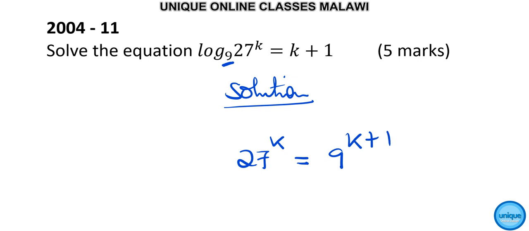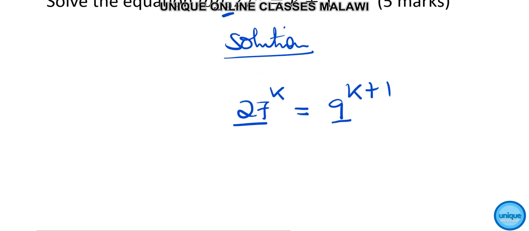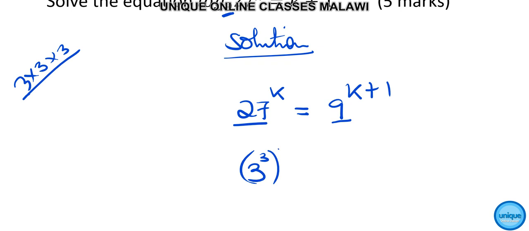Now we have to express these two numbers with the same base, which is 3. How many 3s give us 27? 3 times 3 is 9, times 3 is 27. So it will be 3 raised to the power 3, with k outside, is equal to 3 raised to the power 2, with k plus 1 outside.